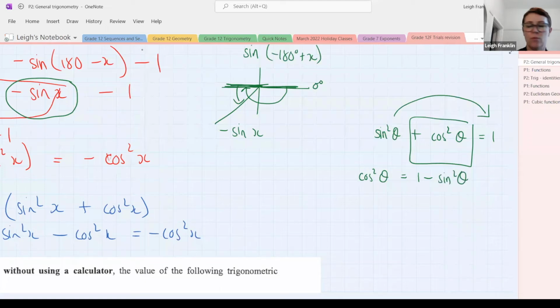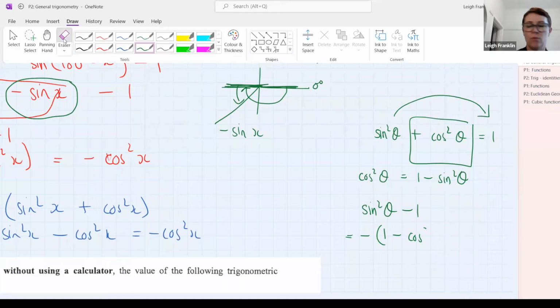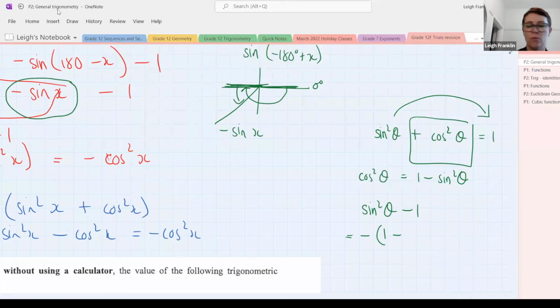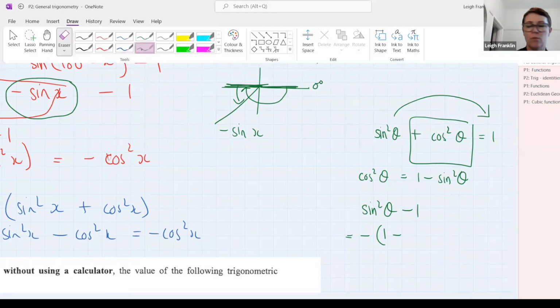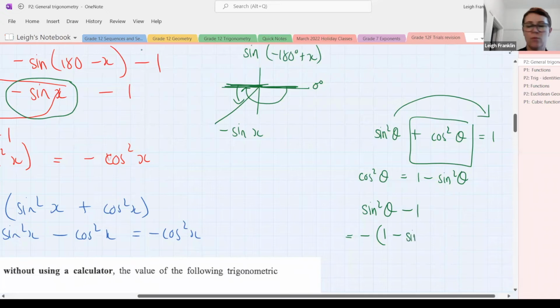So if I've got it the other way around and I've got sine squared theta minus 1, I can take out a negative and that gives me 1 minus sine squared theta, and because 1 minus sine squared theta is cos squared theta, I can do that.